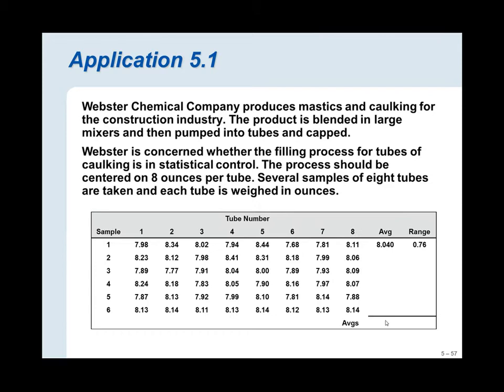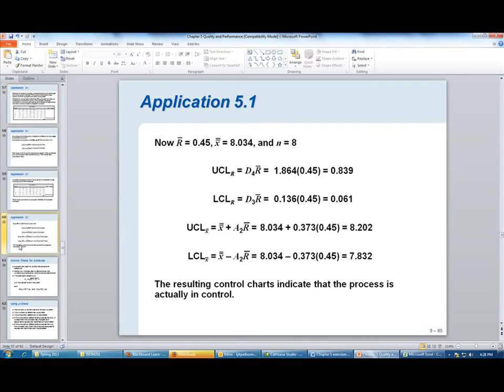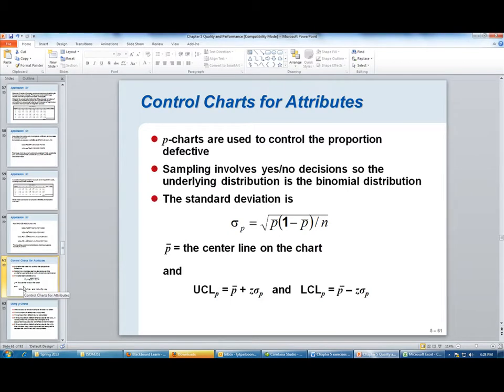Next we are going to proceed to the control limit for attributes. Why do we call it control limit for attributes?